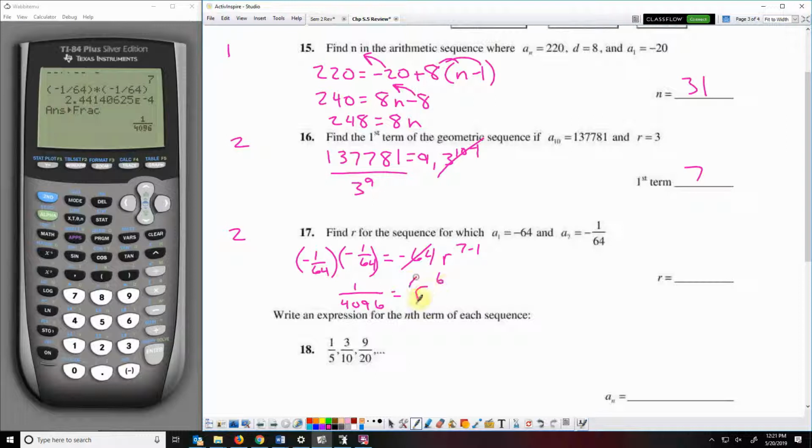To get rid of that 6th power, I can raise both sides to the 1/6th power. One-fourth.